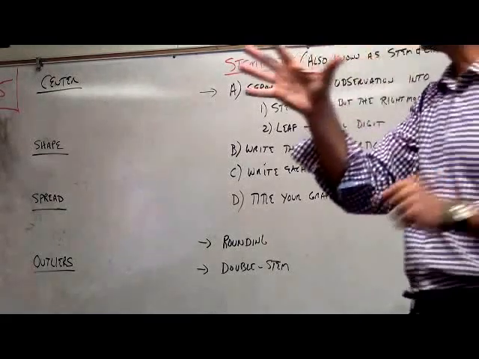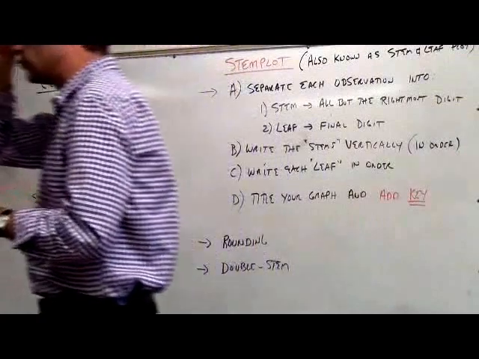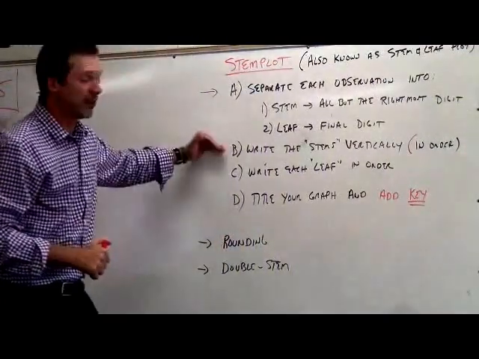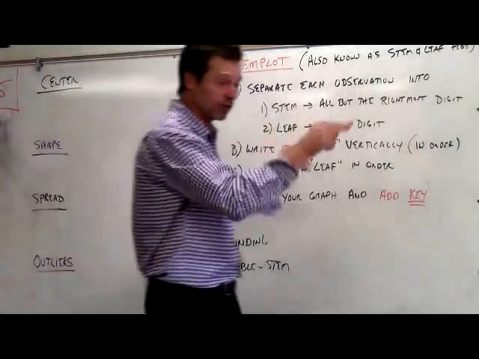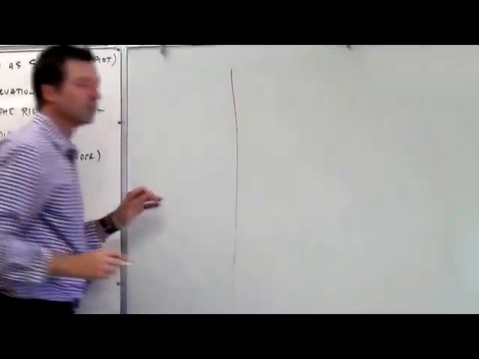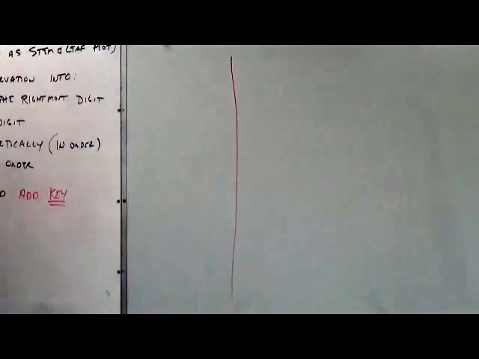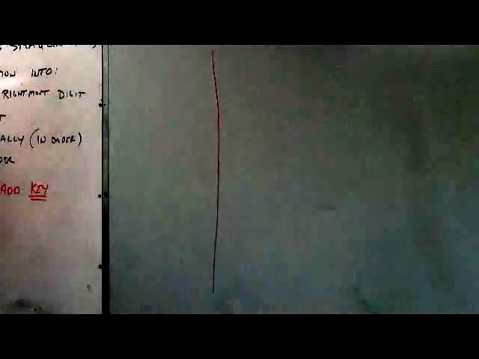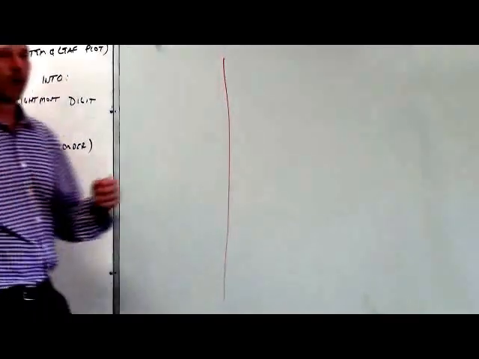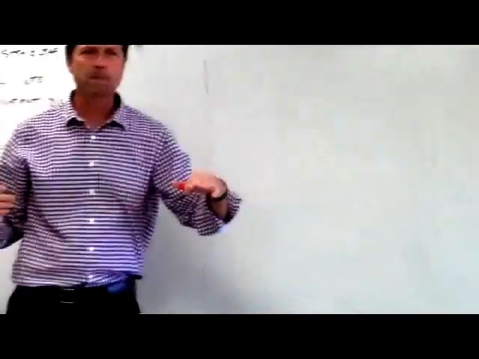Okay? Now once we know what our stem and what our leaf is, we can then create this stem and leaf plot. The next thing we do is we write the stem, not horizontally, this time we write it vertically. So draw a line. Remember, it's on the board, it's on your paper. And those test grades went from 22 to 81?